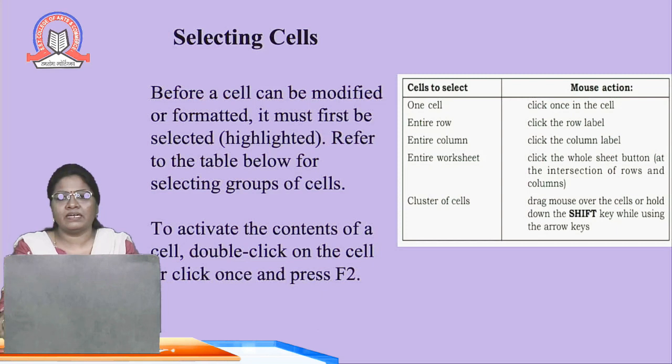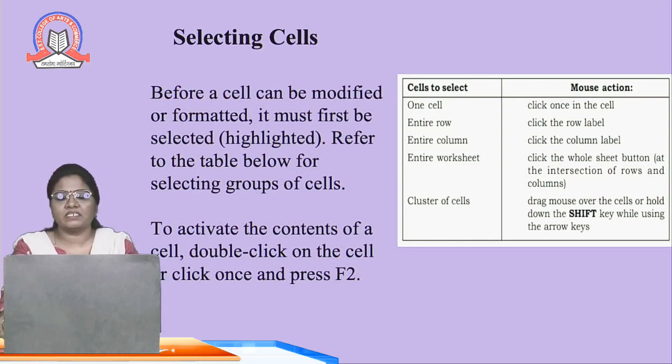The numbering starts with row number 1 and the columns start with A. There is the intersection cell which is left blank. If we click that, the whole worksheet will be selected.